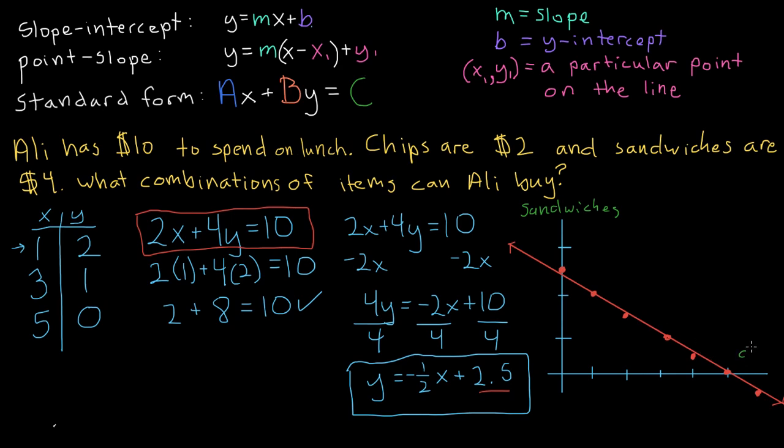And so I'll write chips over here. A little messy, but you get the idea. So again, we had the standard form of this equation where we had 2 values that were changing simultaneously to produce a third constant value. So those values were the number of chips that Ollie bought and the number of sandwiches that he bought. And as you can see from the line here, the more chips Ollie buys, the fewer sandwiches he can afford, and vice versa.